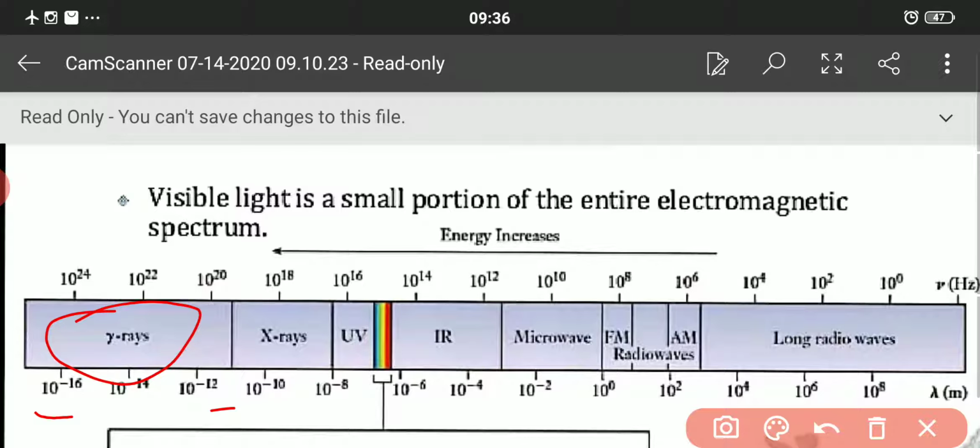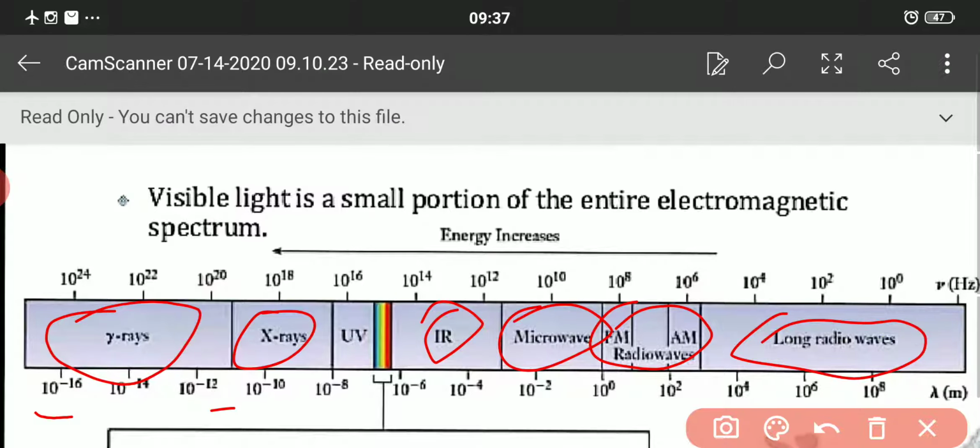The region for X-ray is 10^-11 to 10^-8. UV region is 10^-8 to 10^-7, then IR, then 10^-2 microwave, then FM and AM radio waves, then long radio waves.